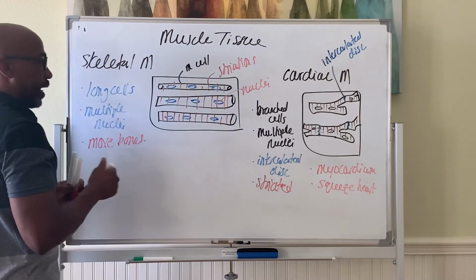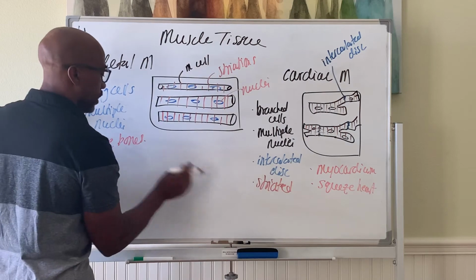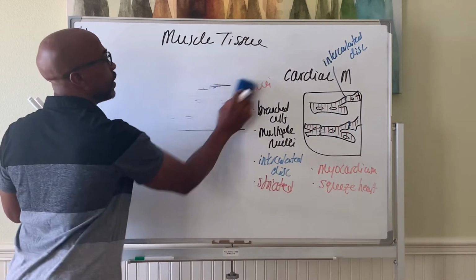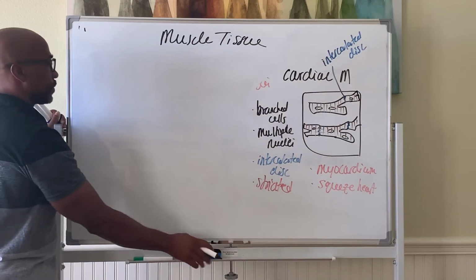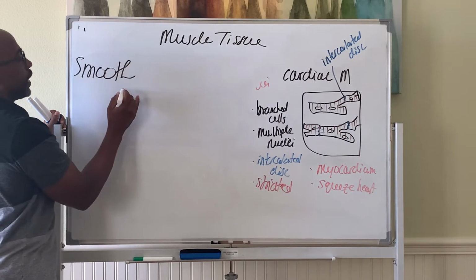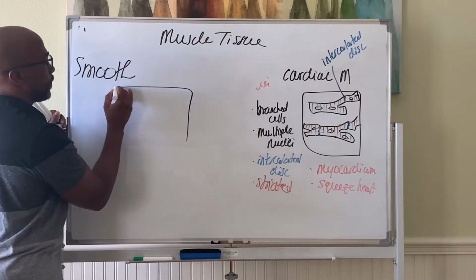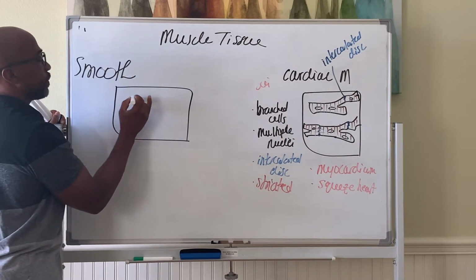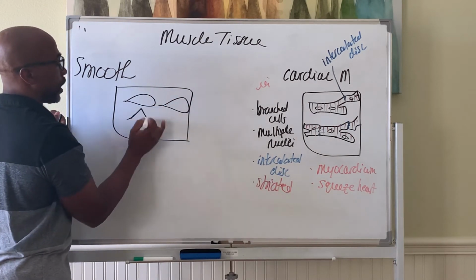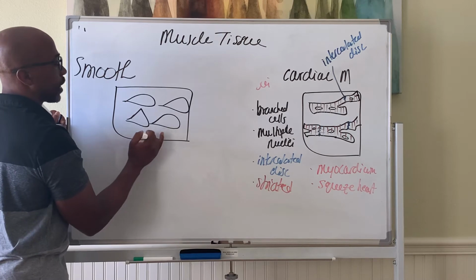And then we have smooth muscle tissue. So for smooth muscle tissue, here you have the tissue bed. And this time the cells are not long or branched. They're spindle-shaped cells, like so.